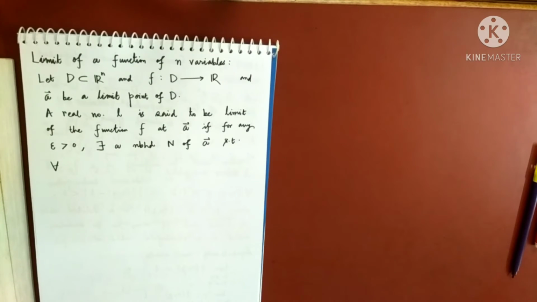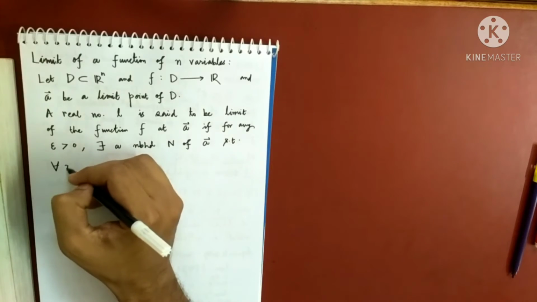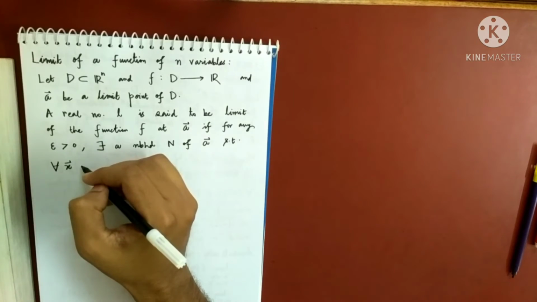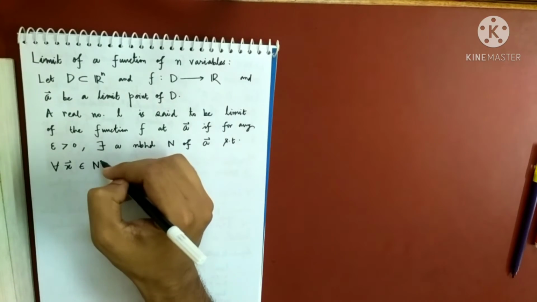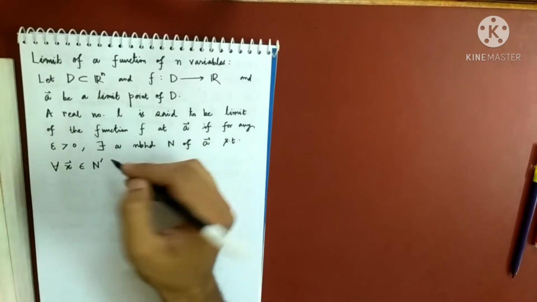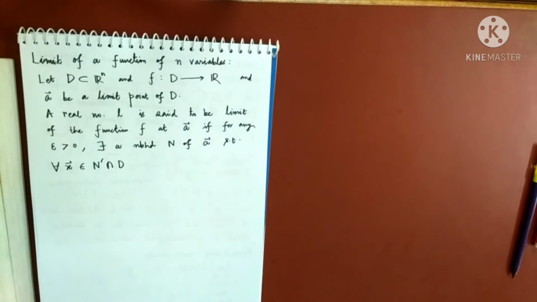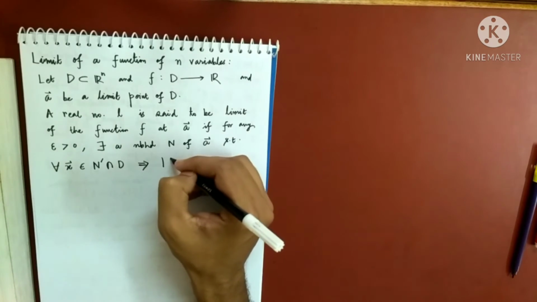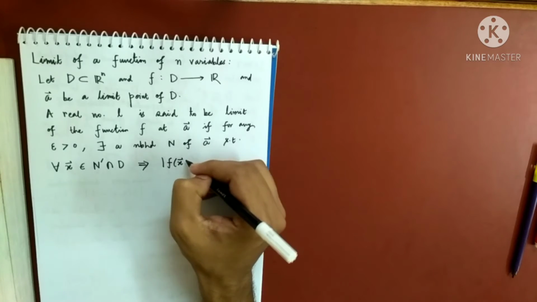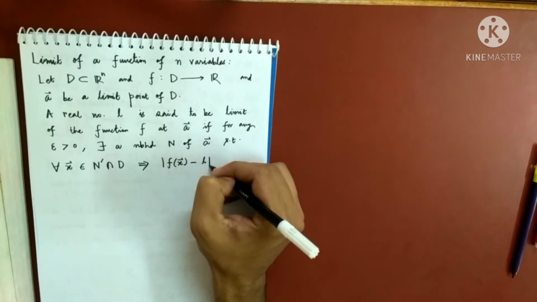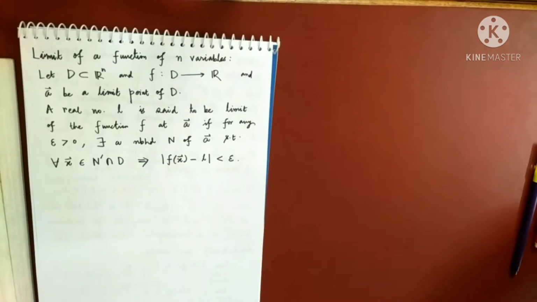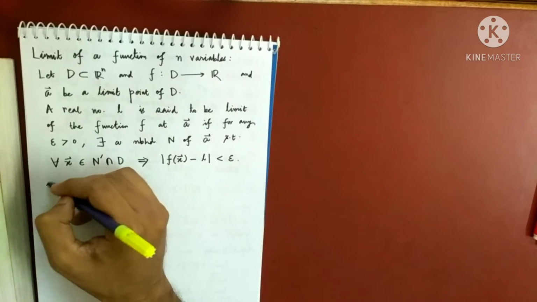Here my points will have n coordinates. So for all x vector, that means it has got n coordinates, x1, x2, x3, dot dot dot xn, for all x belonging to the deleted neighborhood of A and definitely intersection with the domain will imply modulus of f(x) minus L is less than epsilon. So exactly the same definition, you may just check.